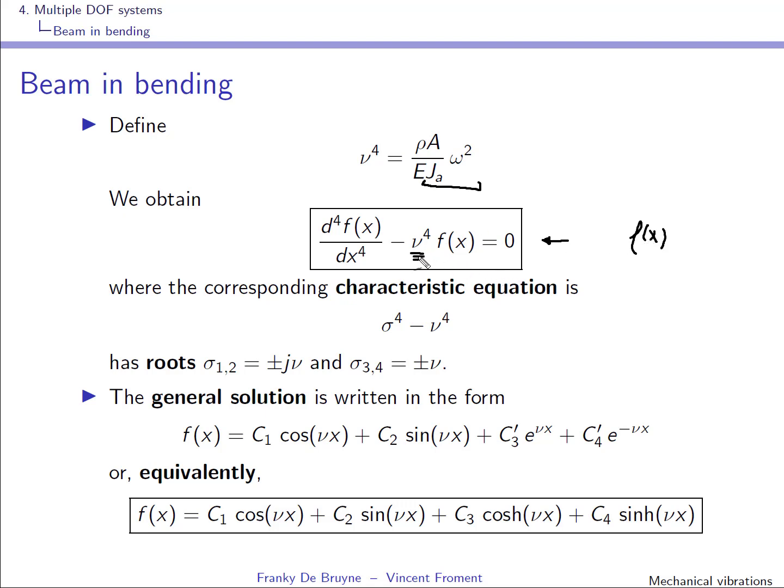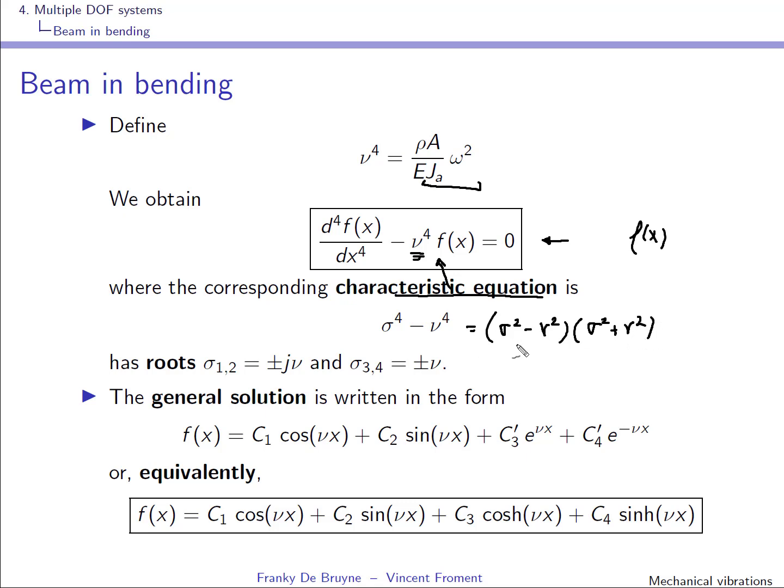So we've replaced this term over here by nu to the fourth, and now you can take the characteristic equation, which you can write as sigma square minus nu square times sigma square plus nu square.